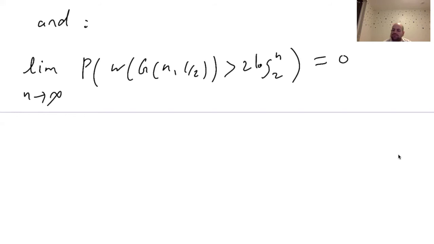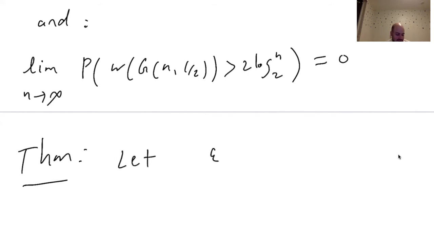Okay. So now, the second part of the theorem, or another theorem, I can say, let's call it another theorem. Let epsilon be bigger than 0 and less than 1/2.